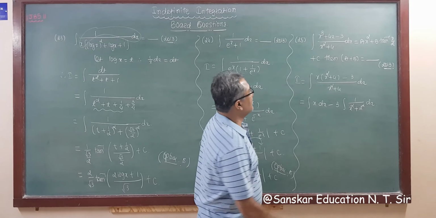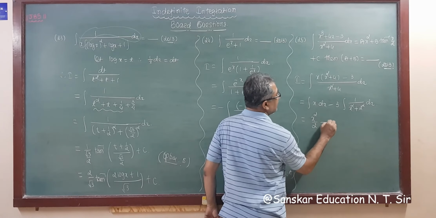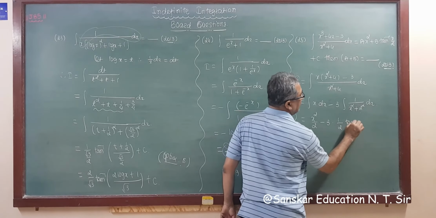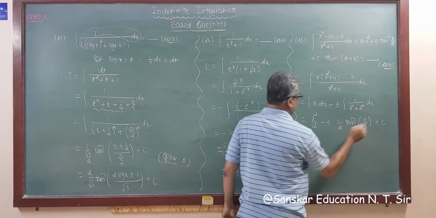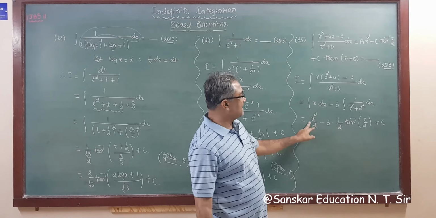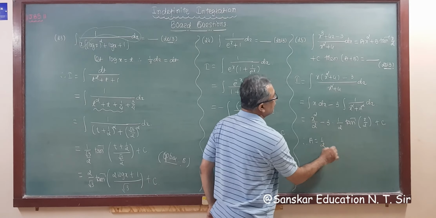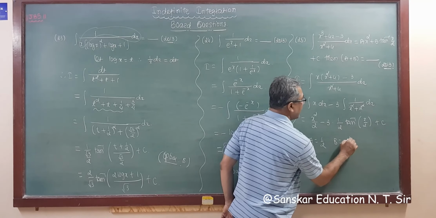So the integration of this is x square by 2 minus 3 times 1 upon a, where a is 2, tan inverse x by a, where a is 2, plus c. So what is a? a is 1 upon 2. So comparing with the given answer, a is 1 upon 2 and b is minus 3 by 2.